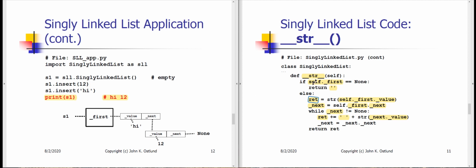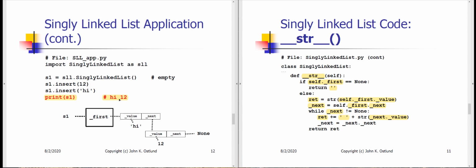So print automatically invokes this dunder str method on my singly linked list, which, as we've seen, converts the singly linked list into a 5-character string, "hi 12", and hence that's what gets displayed on the screen.